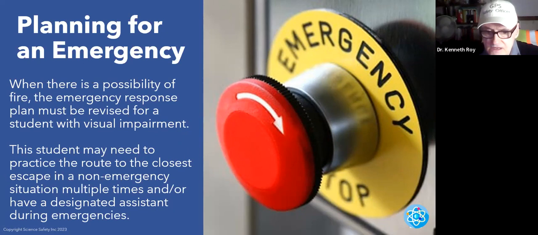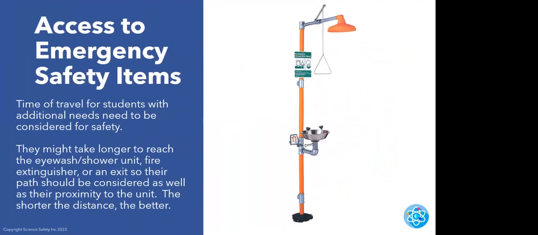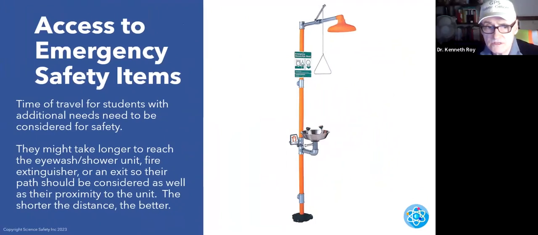So the point is, it's a really good idea to have a designated assistant. And that's not in an emergency necessarily, but you can imagine in an emergency with everybody rushing, pushing very quickly, you need to have a designated assistant, someone that's going to help this person get out alive and without injury.